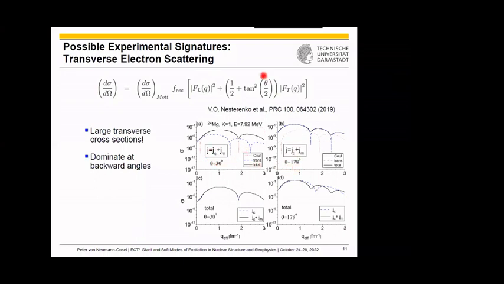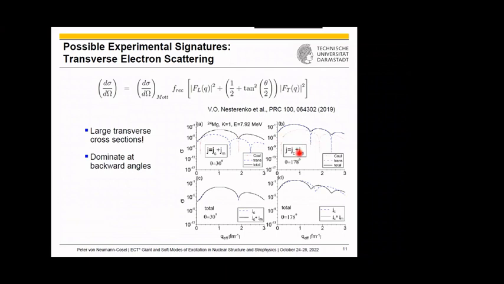And because of these peculiar kinematics, if you go to these very backward angles, then the transverse form factor or the transverse cross sections get large. This is shown here. So in red, you see the Coulomb form factor or longitudinal form factor, which actually is here superimposed by the black one. So basically all the cross section is longitudinal, and you have a very weak transverse cross section shown here.